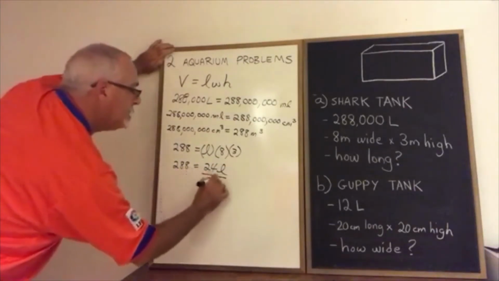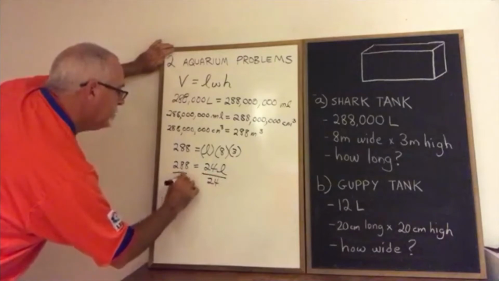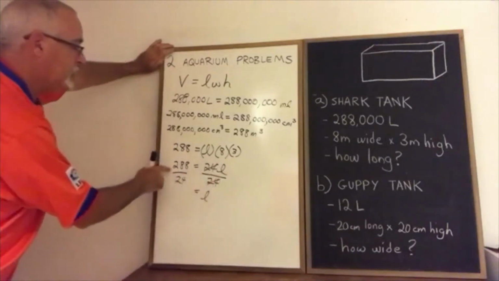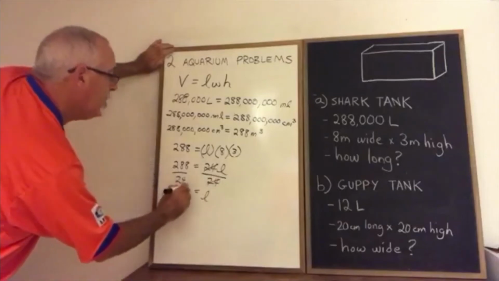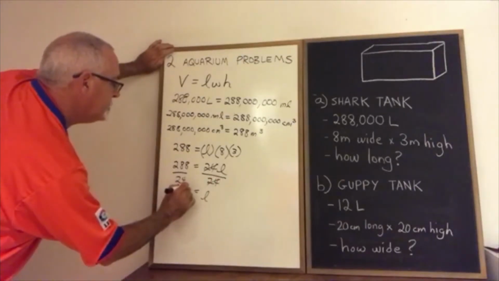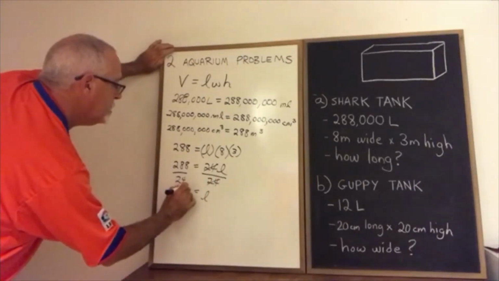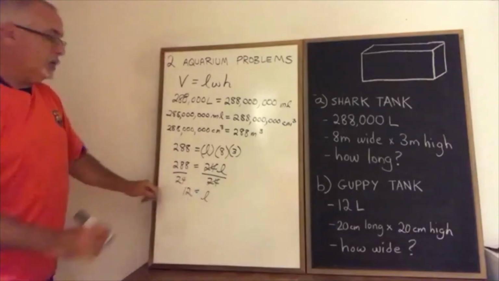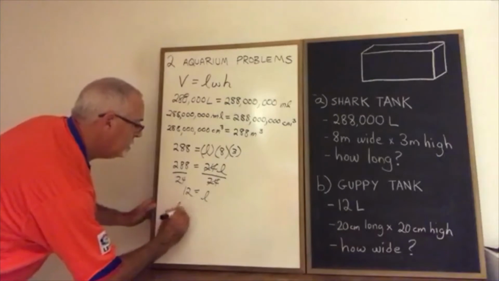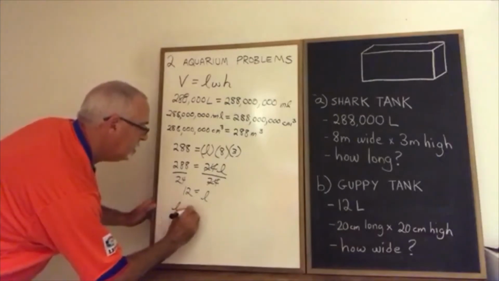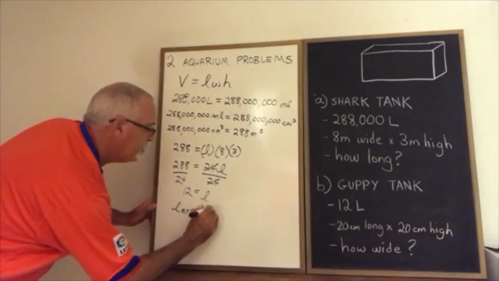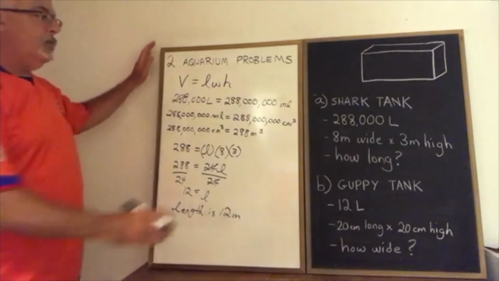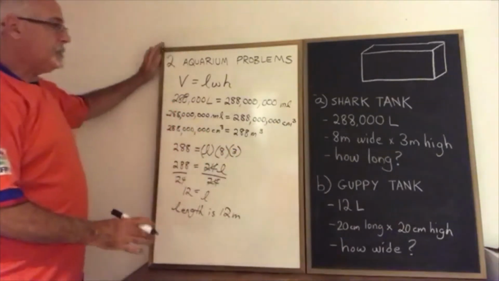If we divide both sides by 24, these cancel, and our length is equal to 288 divided by 24, which is 12. The length is 12 meters. And we have solved our problem.